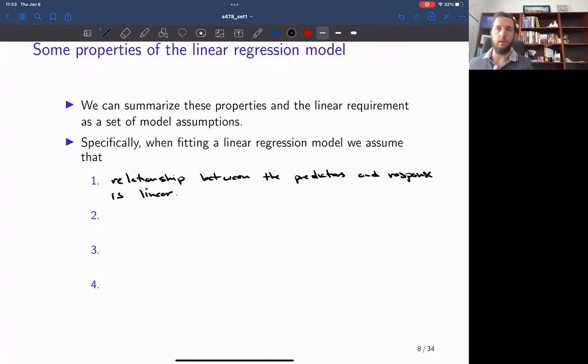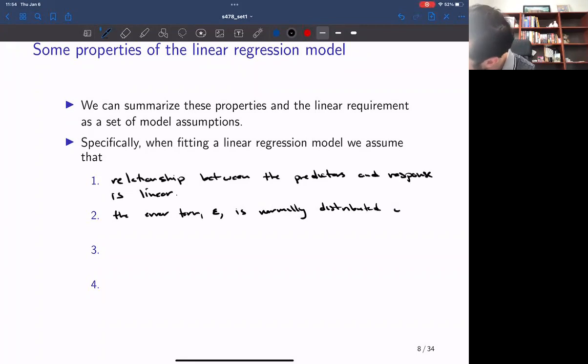The second assumption is something we're going to talk about in more detail today. So that is evaluating the error term assumption. So the error term, epsilon, is normally distributed with mean 0 and variance sigma squared.